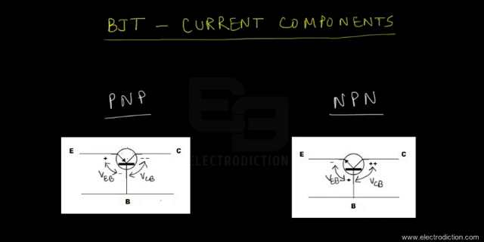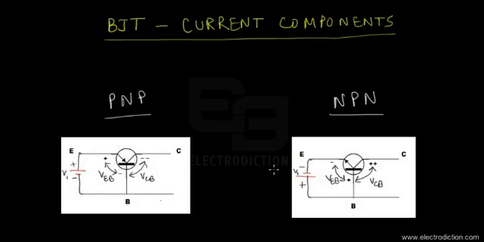Similarly, in order to forward bias the emitter junction, or rather the junction between the emitter and the base terminals, we also need to connect a voltage source that way. So there you go. Now we have this particular voltage source denoted with the symbol V1. That is, of course, forward biasing the emitter and base junctions of both the PNP as well as the NPN type transistors in the diagrams, as you can see.